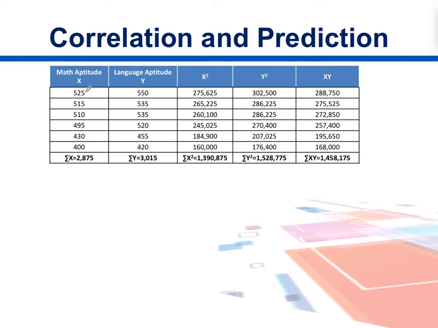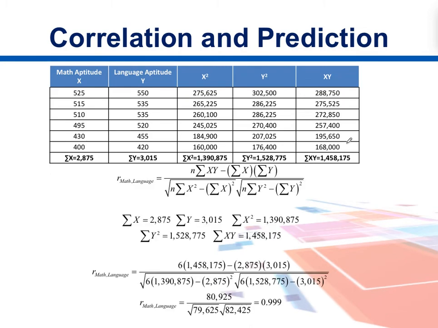Each individual number x is squared here, and these are the sum of the x squares and the sum of the y squares. The cross product, this term multiplied by this, and all the numbers are here, and finally we have the sum of this cross product of x and y, and we plug it into this equation for the Pearson correlation r, and we calculate it between math and language like this.